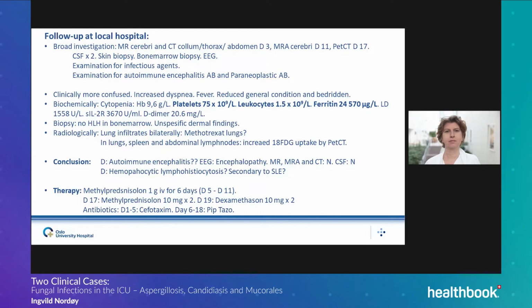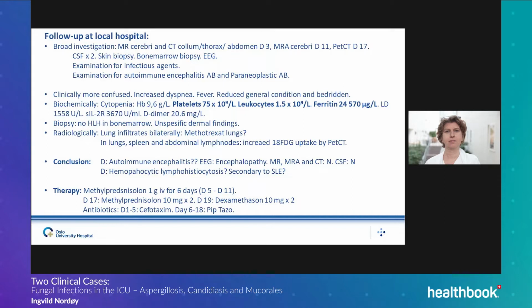And they did a full investigation. They did the MRI of her brain. They did the CT of columna, thorax, and abdomen on day 3, and they did an angiography of her brain on day 11. They did a PET scan on day 17. They did skin biopsies.